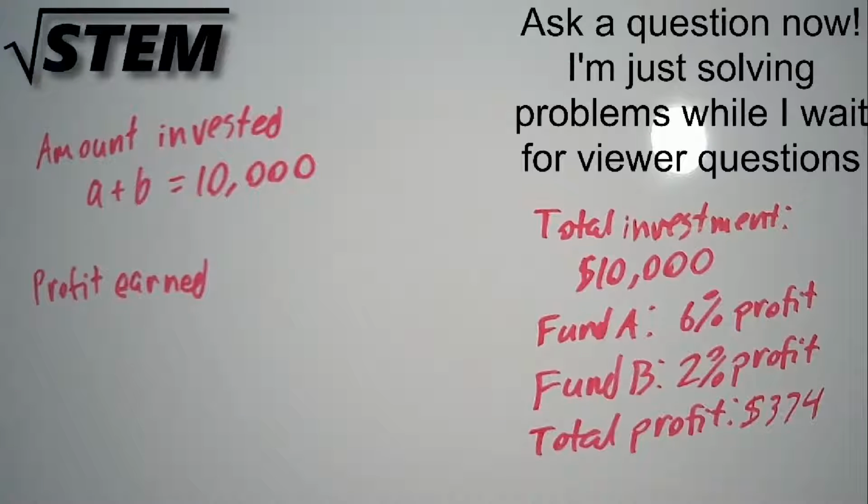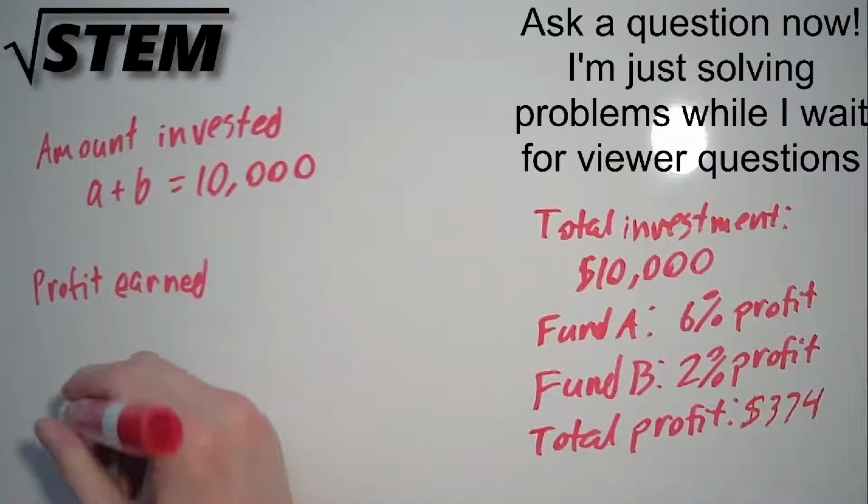Now for the profit that we earned. Let's think about each of these individually. So Fund A earned a 6% profit. That means that however much we put in Fund A, that amount became itself plus 6% of itself.